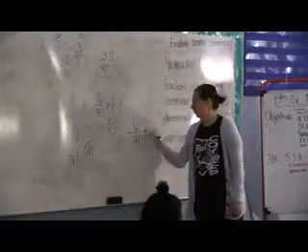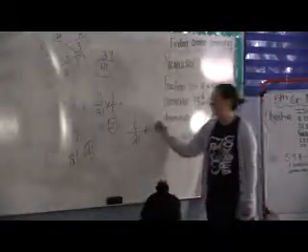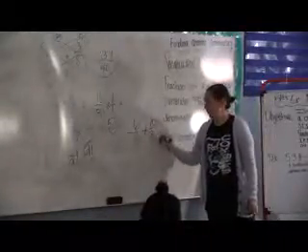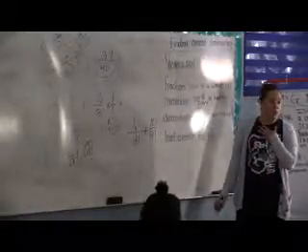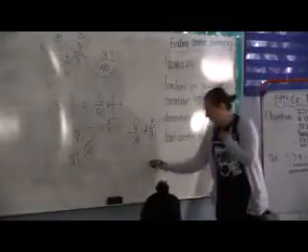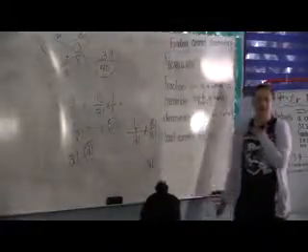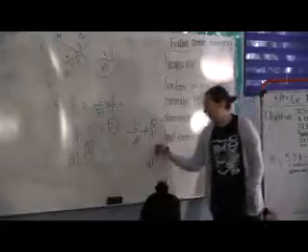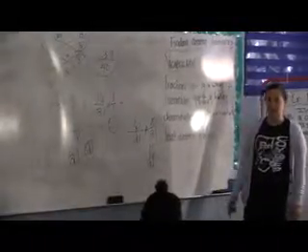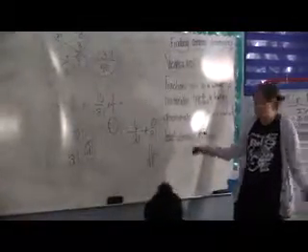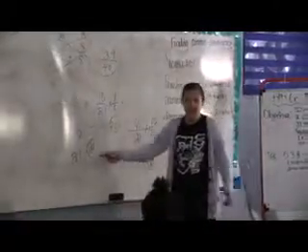Plus 10 over 21. So I add 21 and 21? No. I leave it the same. That's my denominator. What's 6 plus 10? 16. 16 over 21. Can that be simplified? It's already simplified because we used the least common multiple.